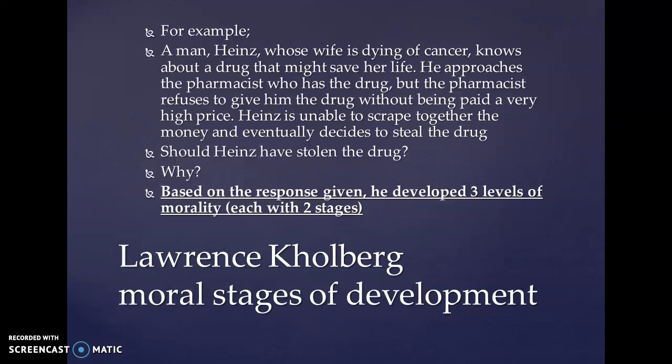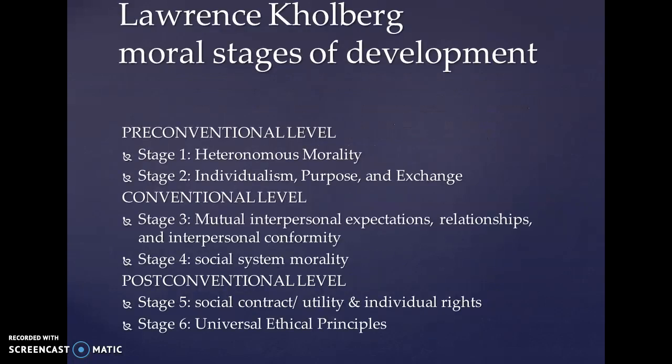Based on the reasons given, he developed 3 levels of morality, each with 2 stages. So for him, you have the pre-conventional level, and at that level you have heteronomous morality and individualism, purpose, and exchange.